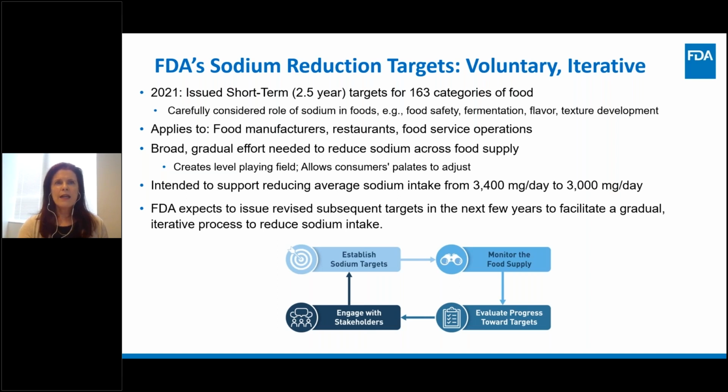In developing the targets, we carefully considered the role that sodium plays, because we know this broad, gradual effort is needed to help consumers limit their sodium intake. We know that sodium is an adaptive taste. We know that consumers' palates will adjust, but the change needs to be broad and gradual.